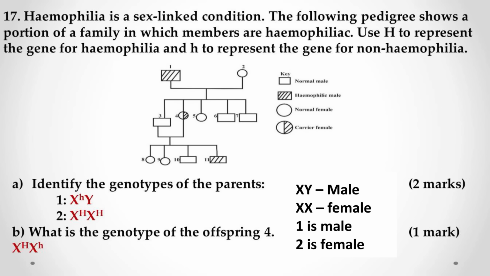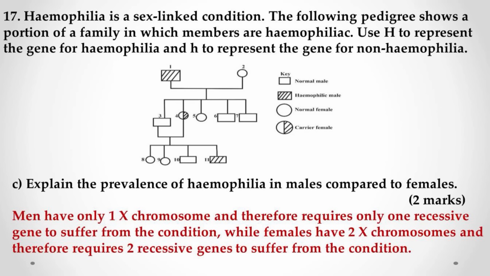So offspring 4, as you can see, is a male, with one X chromosome carrying the capital H representing the gene for hemophilia, and the other X carrying a small h representing the gene for non-hemophilia. Question C, explain the prevalence of hemophilia in males compared to females.